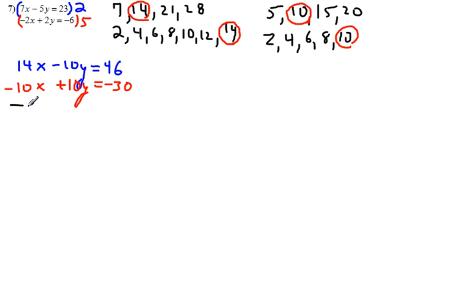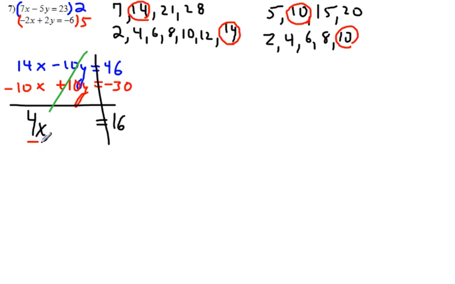We're in business. We see these negative and positive, these opposites are the same variable, so we can eliminate this variable. It will cancel. Cross that off, add up everything else. Of course, we say add, we really mean follow the signs. A positive 14 minus 10 is a 4x. Then over here, 46 minus 30 is 16.